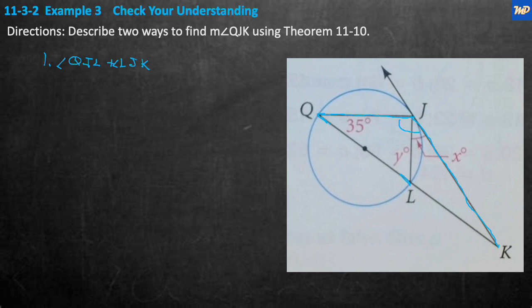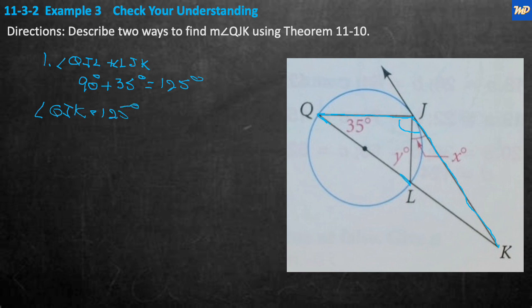So that's going to be equal to 90 degrees plus 35 degrees, and 90 plus 35 is 125 degrees. So angle QJK is equal to 125 degrees.